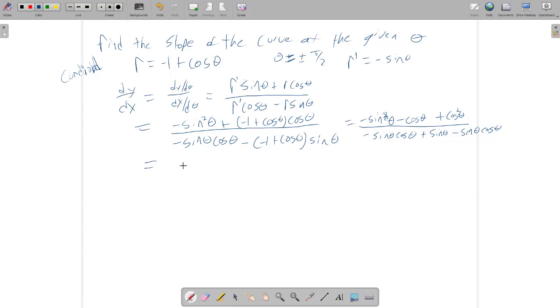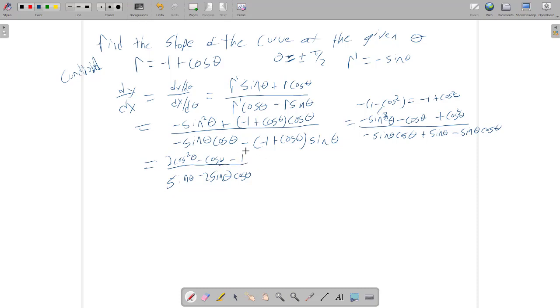So on the bottom, we've got sine theta minus 2 sine theta cosine theta. And on the top, negative 1 minus cosine squared, so it's -1 plus cosine squared, which then would combine to give 2 cosine squared minus cosine theta minus 1.